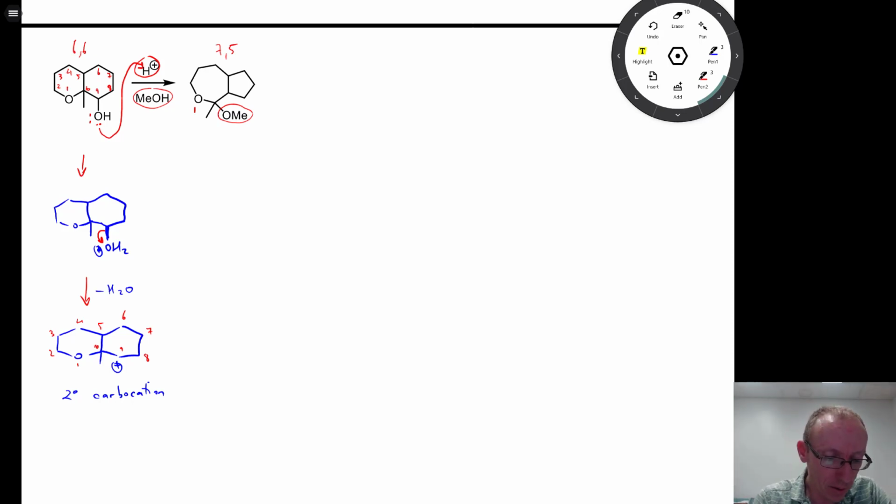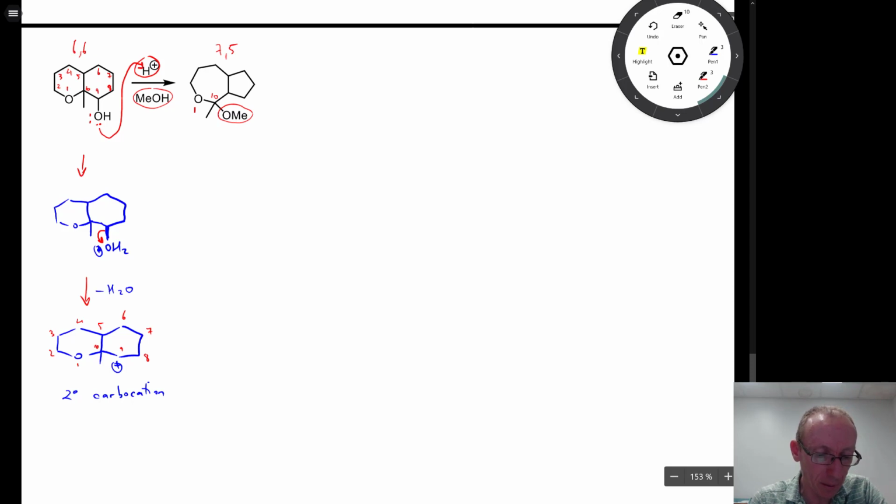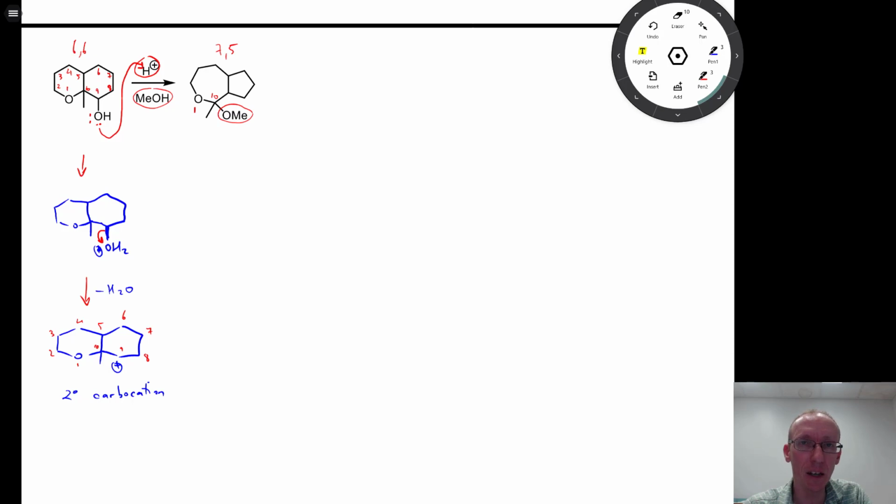It's also not too much of a leap to say that the number 10 carbon has a methyl group in the starting material, and the carbon next to that oxygen has a methyl group in the product as well. So really, it seems likely that the number 10 carbon has not done anything funny. It's still there and still has its methyl group attached. So this points to the fact that the methyl group is unlikely to be migrating. It's not going to lead us to the product if we make that methyl group migrate.